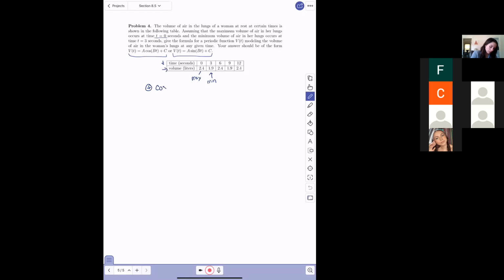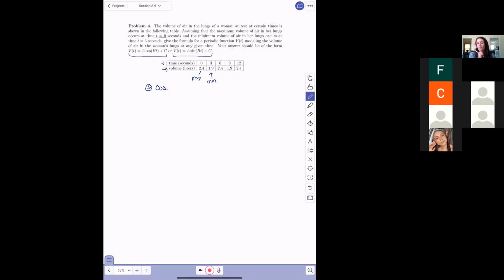So positive cosine. Wait, I have a question. Yep. Sorry, there's cars passing. That's okay. If it started at 0, like if 2.4 was 0, then would it be sine?